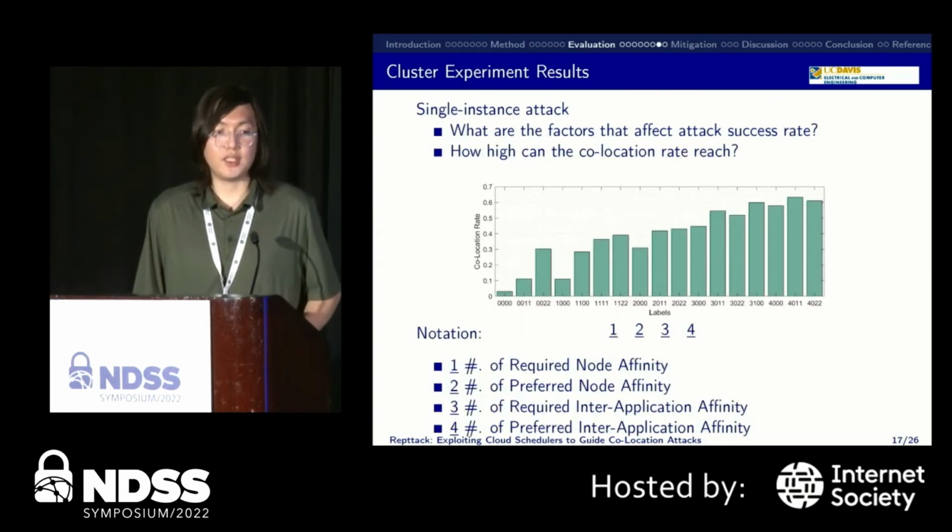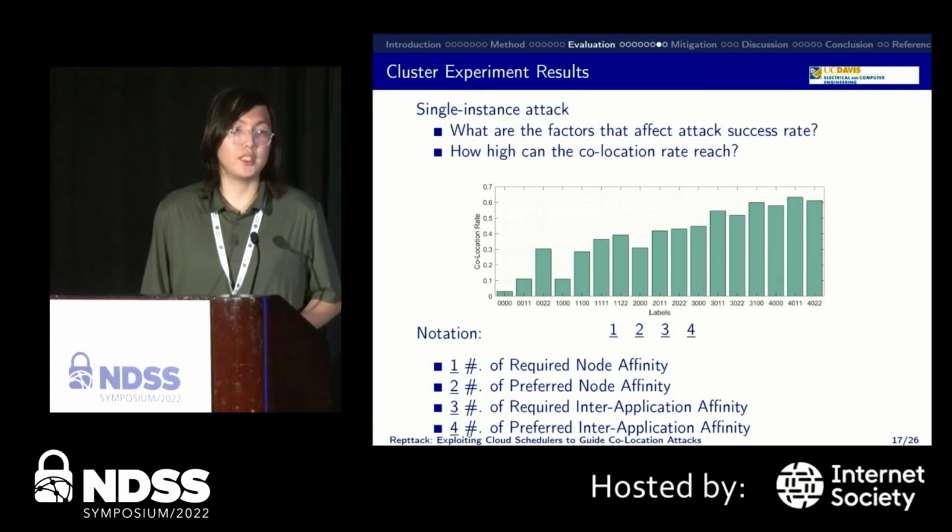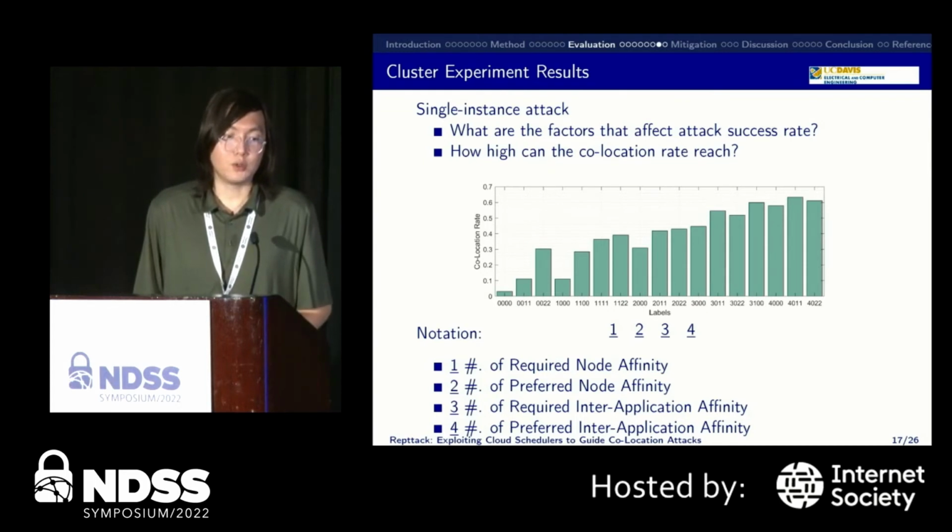Then we basically repeat the same process in the real cluster, and we want to answer the same questions in a real-world scenario. First we try to answer what factors affect attack success rate. As we know from the simulation result, affinity features used in the cloud environment do affect the collocation success rate.